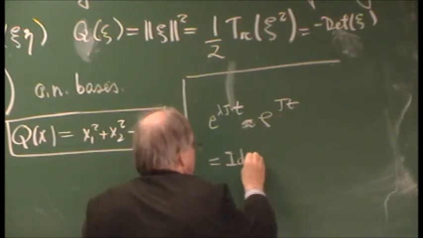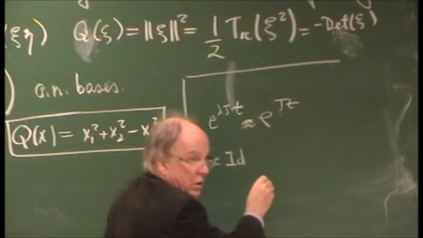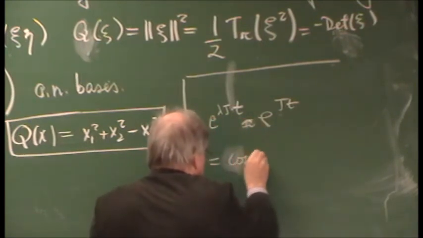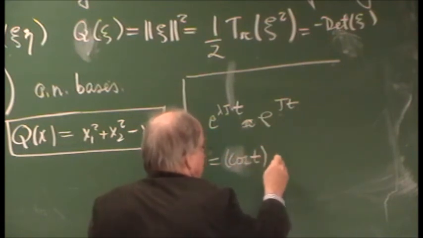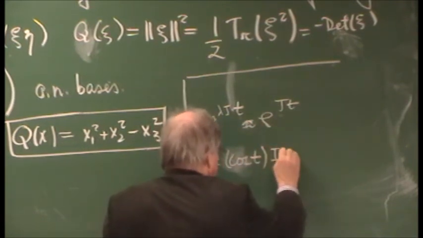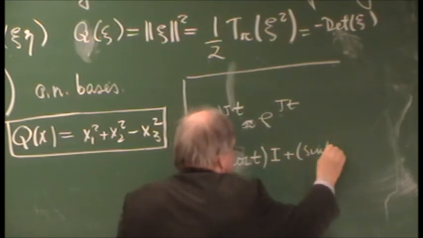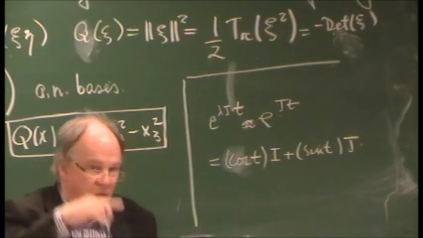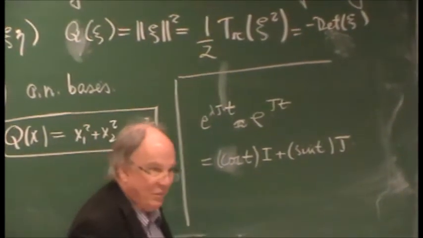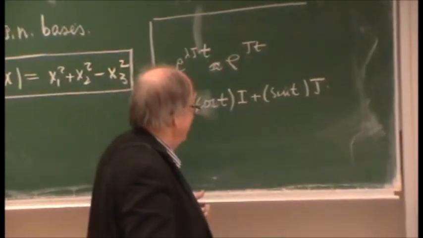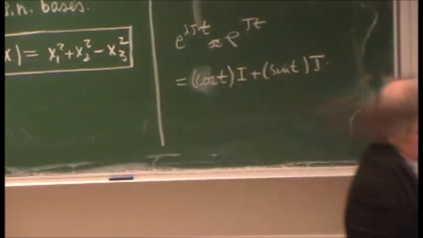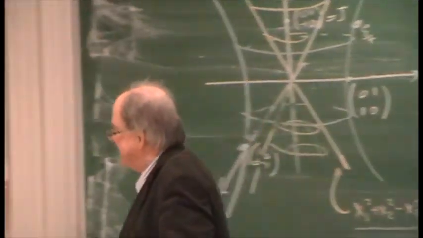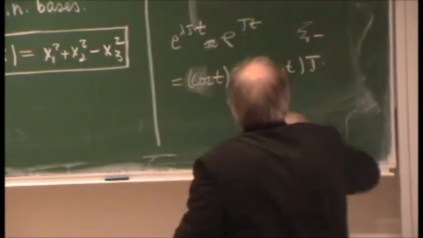Cosine t times the identity plus sine t times j. Right? So these are the waves, these kind of waves. This is very interesting. That's the phenomena inside the light cone. That's inside, this is for C minus.